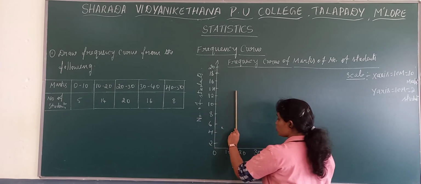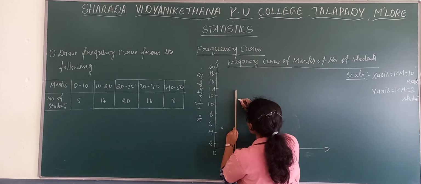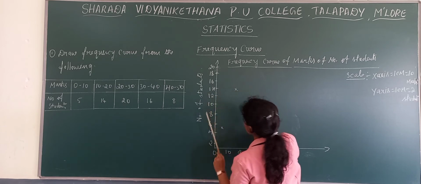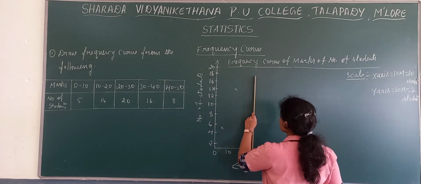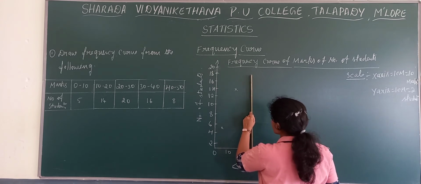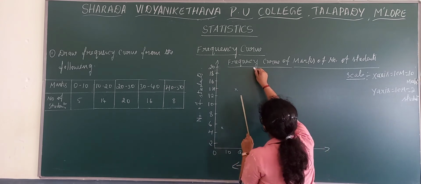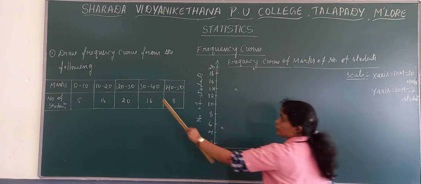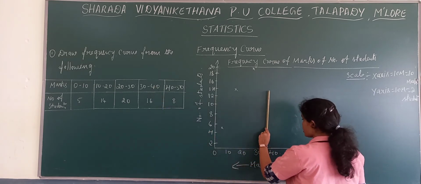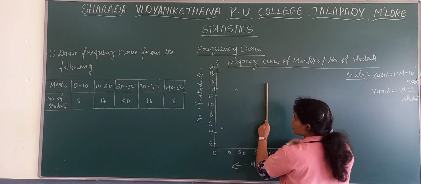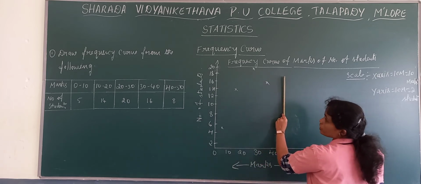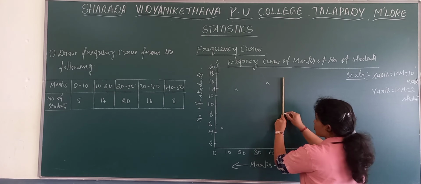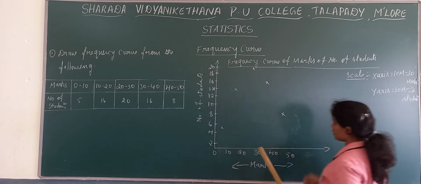In between 10 to 20, the value is 14. Then 20 to 30, it is 20. Then 30 to 40, it is 16. Then 40 to 50, the last one, it is 8.